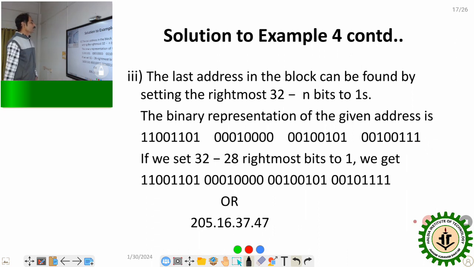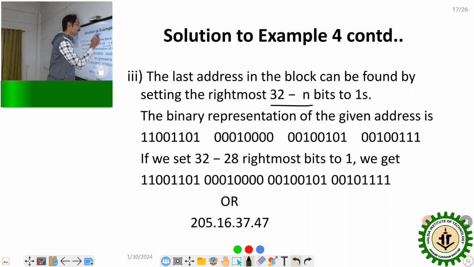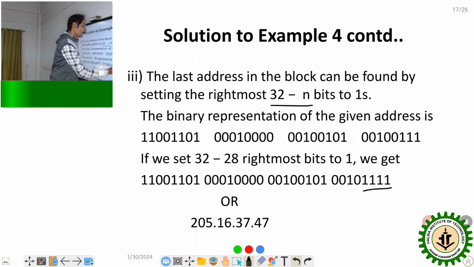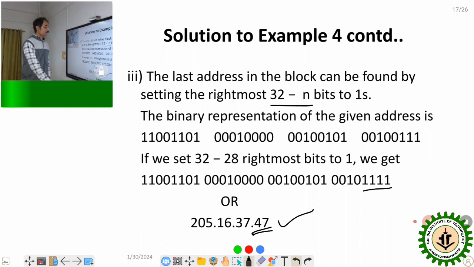Now, how to find the last address? The same trick applies here. Again we find 32 minus n, where n is 28, and it is 4. So the last 4 bits should be replaced with all ones, and once we do so, we get 47. So from here we get the last address of this block.